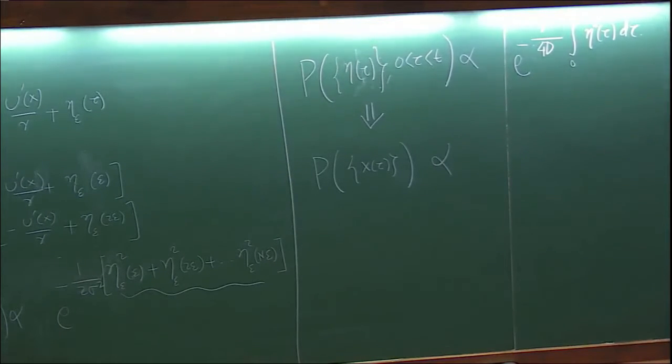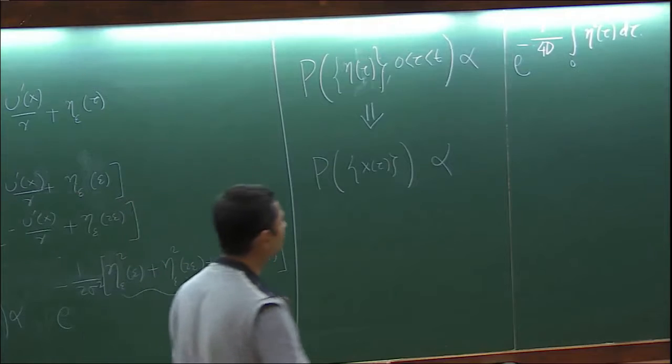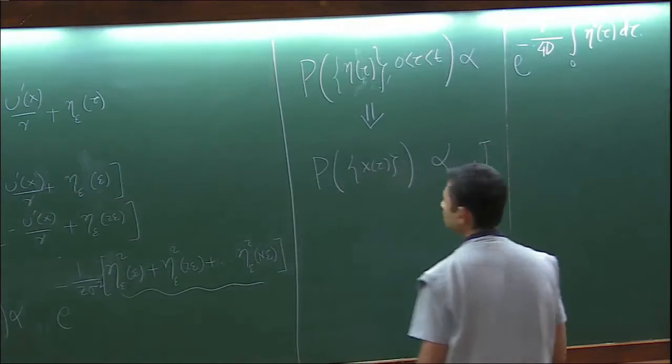But as you see, if you go from one variable to the other variable, there is a Jacobian of the transformation. So there will be some Jacobian, which we are going to find out.